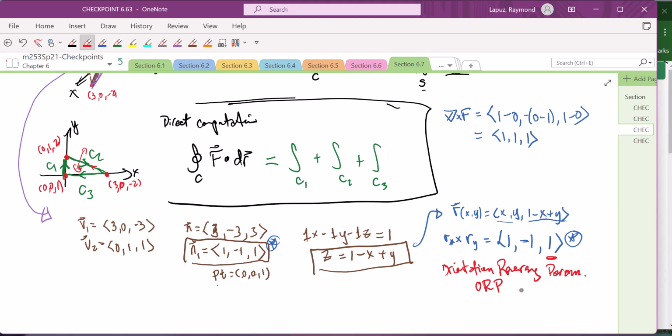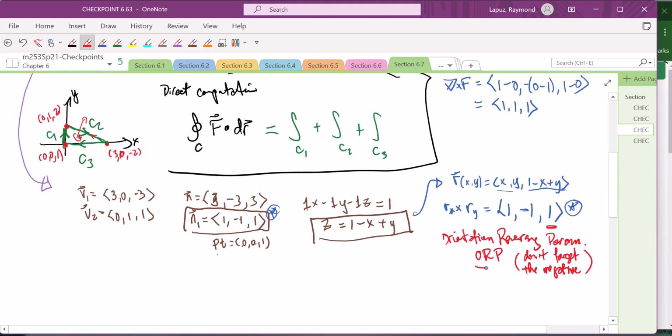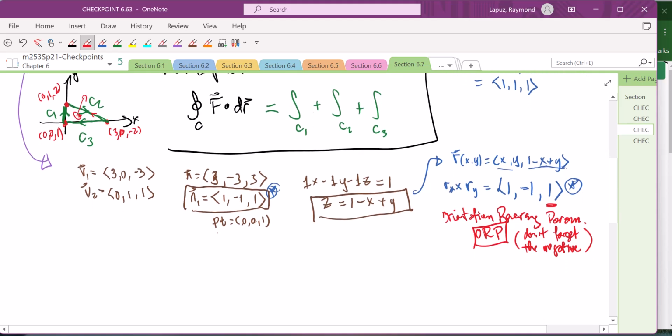Now, the way we'll deal with that is in the end, there's just going to be a negative sign, so don't forget the negative at the end. Okay, so we'll throw a negative sign there. Just remember that this is ORP, orientation reversing parameterization.